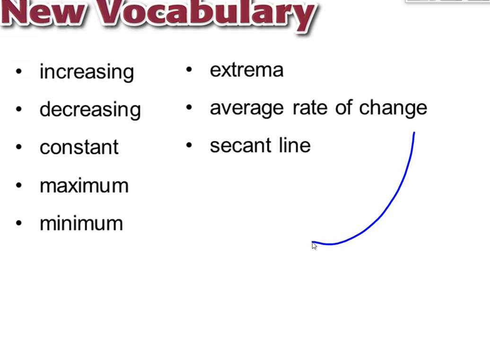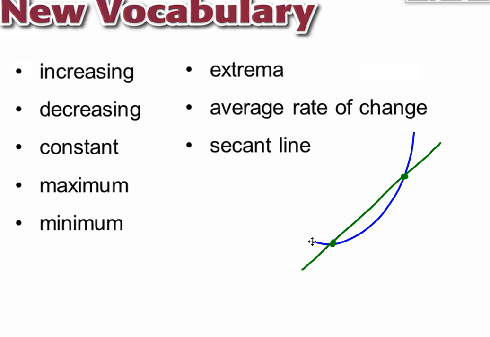We pick 2 points on that curve, and we approximate the rate of change from this point to that point by finding the slope of that green line. Slope we're familiar with: y2 minus y1 over x2 minus x1. This is called a secant line. A secant line hits the curve in exactly 2 spots, or 2 spots in that area.